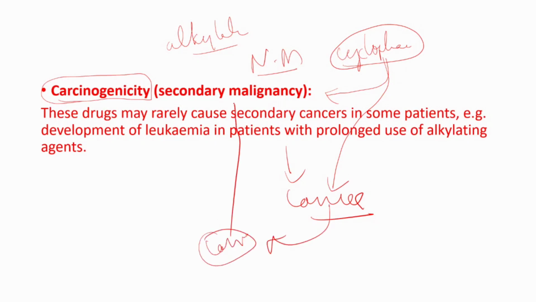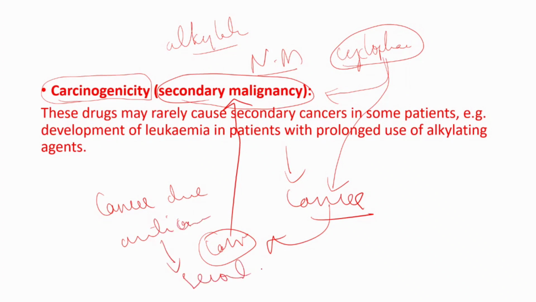That type of cancer is called secondary malignancy or secondary cancer, cancer due to an anti-cancer drug. Here cyclophosphamide can cause secondary cancer. To reduce that, we can limit the patient's drug frequency, or the drug doses can be maintained, and we can watch all other parameters.